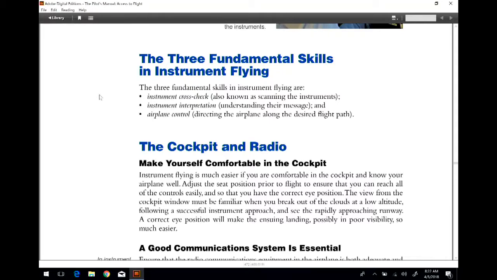So what does this mean? What this means is that you're looking at your instruments and you're looking to see what is it that my instruments are telling me. And when you say, what are my instruments telling me, it's not just one instrument. You are looking at instruments and you're thinking, okay, does this information that I'm getting here jive with all of the other information that is being given to me at this given moment?